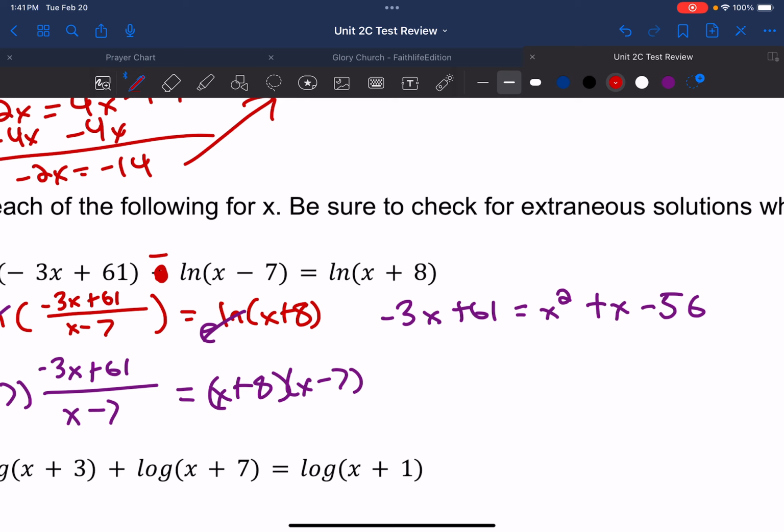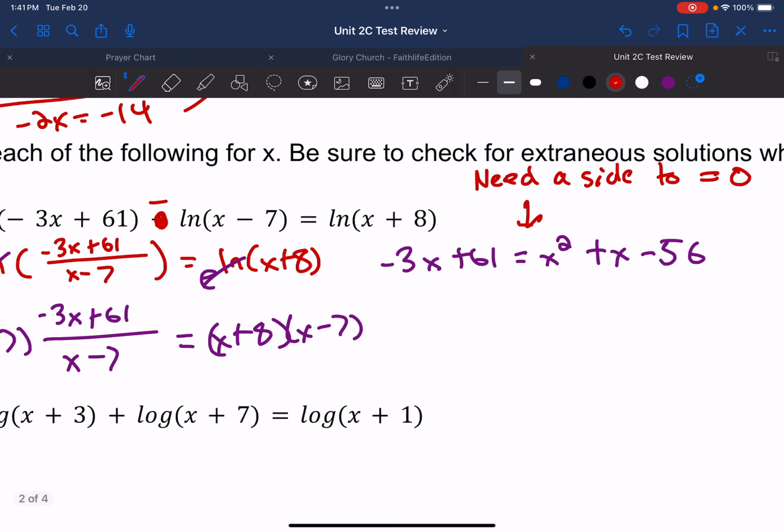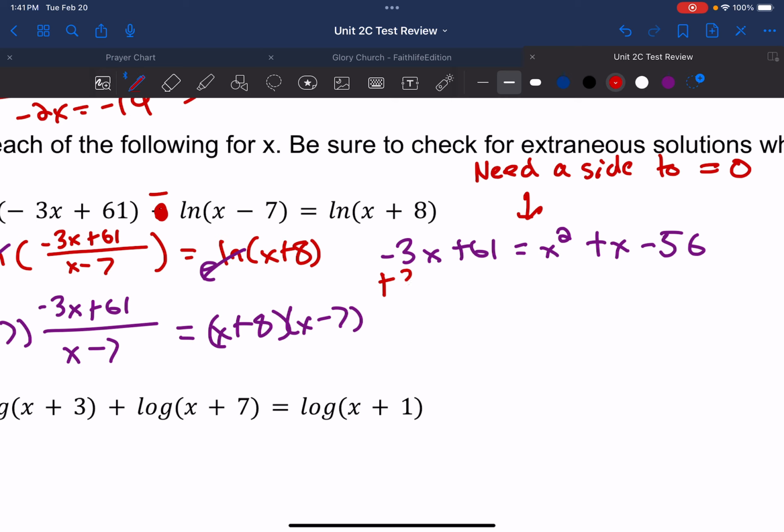And then remember, with a quadratic, you always need a side to equal 0. So with the quadratic, you always need to get it equal to 0 to solve by factoring. So I'm going to get this side away. Minus 61, so minus 61.